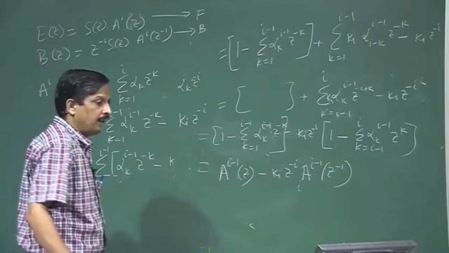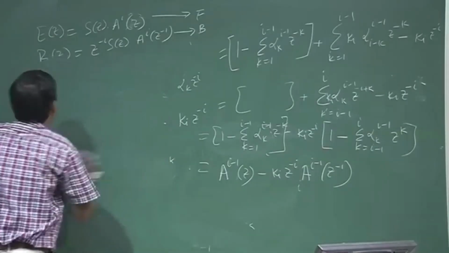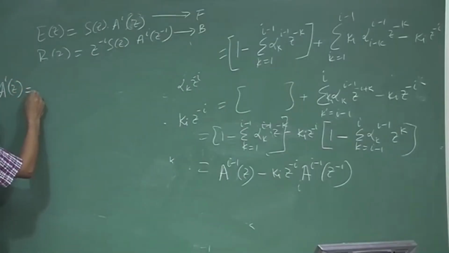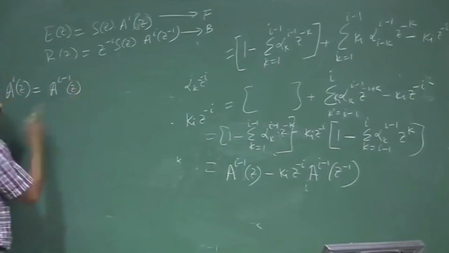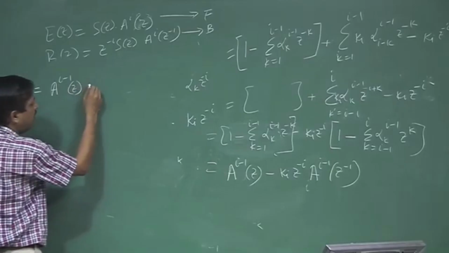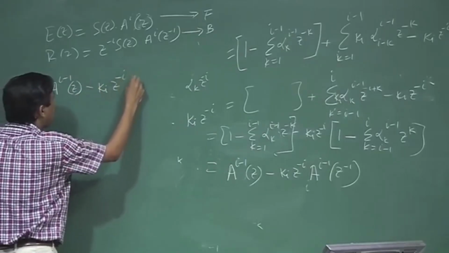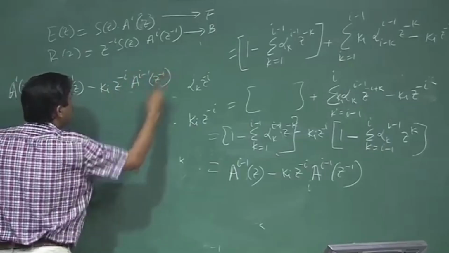So I can say that the prediction error filter A i of z can be expressed as A i minus 1 of z, the previous iteration, minus k i z to the power minus i times A i minus 1 of z to the power minus 1.